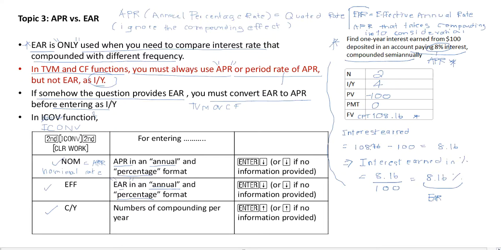In here, you have to put the number of compounding periods per year, not for the whole investment period. It's only per year. So for example, if it's compounded annually, then C/Y will be 1. Or if it's compounded monthly, then C/Y will be 12. Something like that. Alright, so let's go to the next video for the next part.